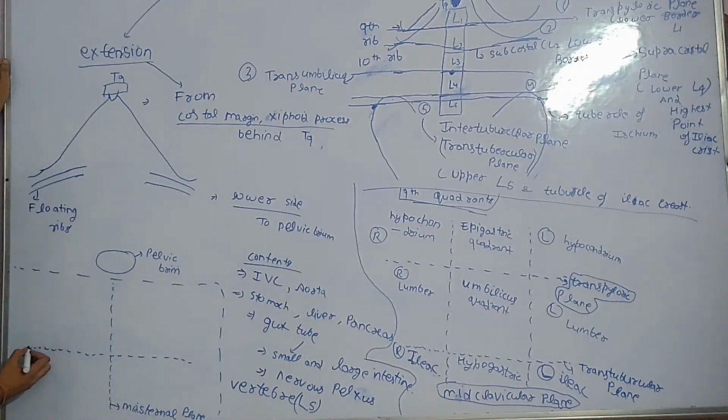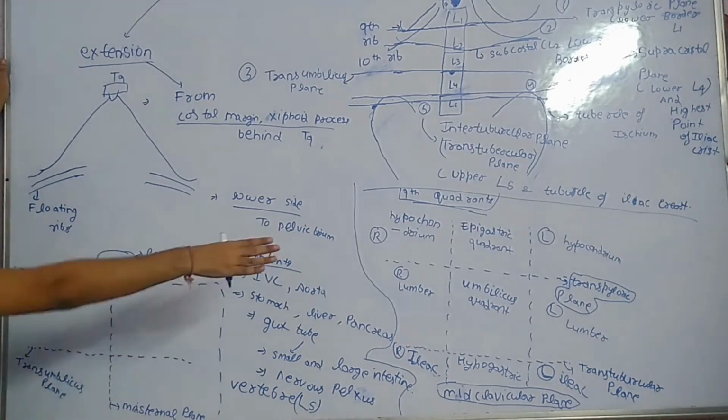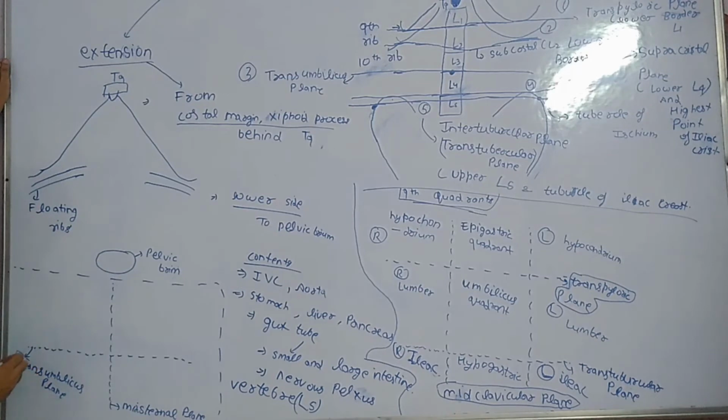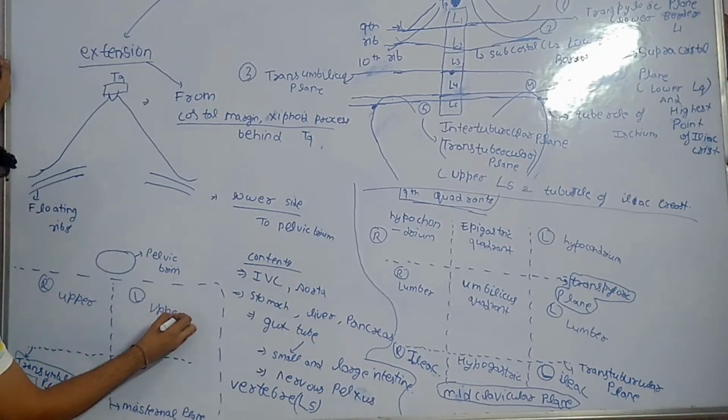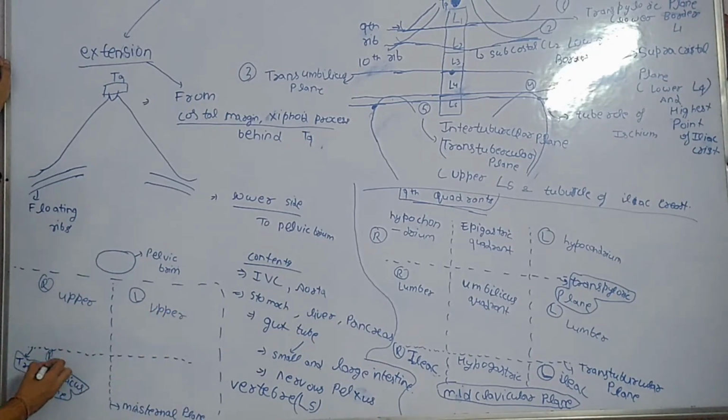This plane is called the umbilicus plane. Done. This is the 9 quadrant division and this is the 4 quadrant division. Here the division is simple: right upper, left upper, right lower, and left lower.